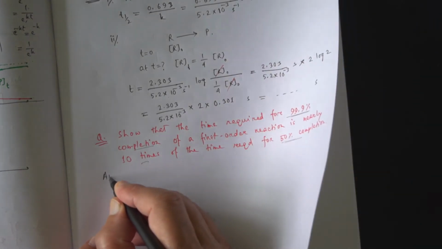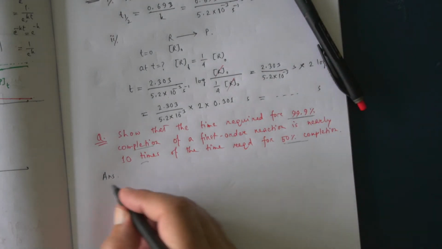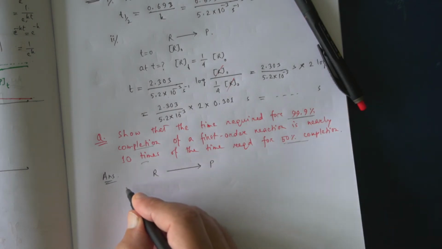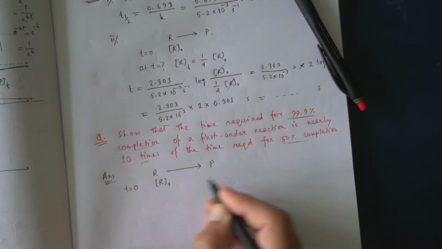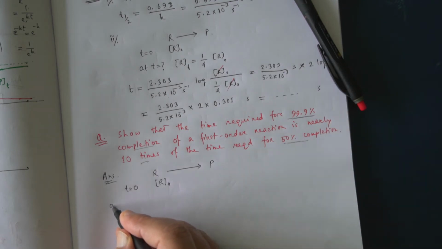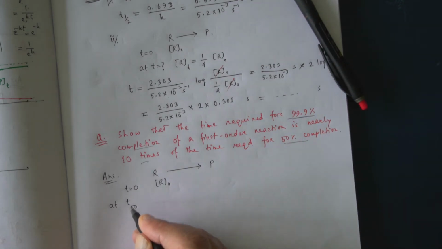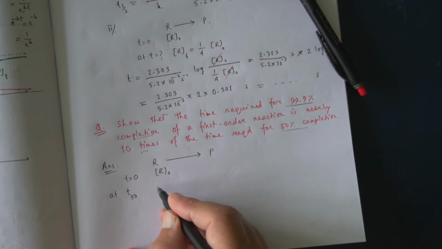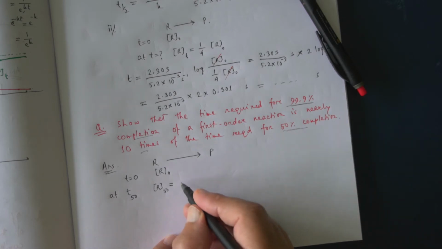So we can solve it; there are different methods. Let me show one method. Say initially we have R naught. At T50, 50% completion, R50 will be equal to R naught.